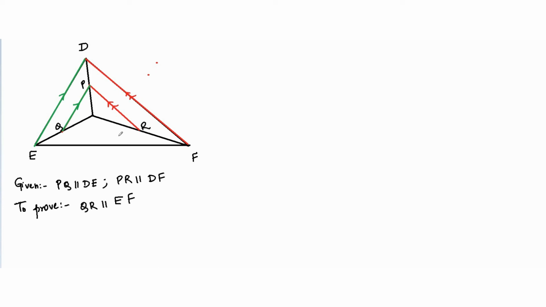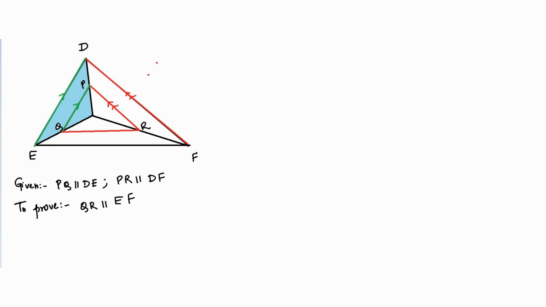Now we have to show that QR is parallel to EF. So first let us join QR, and we have to show that QR is parallel to EF. So again, let me now choose my right triangles for applying BPT. I know that in this triangle I have PQ parallel to DE.